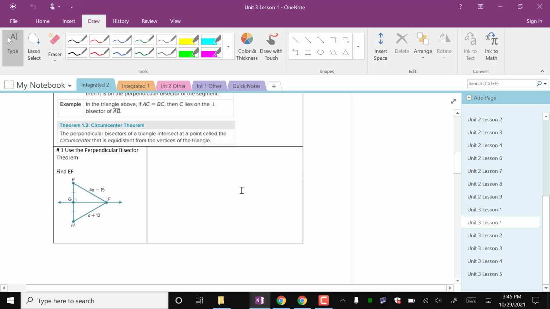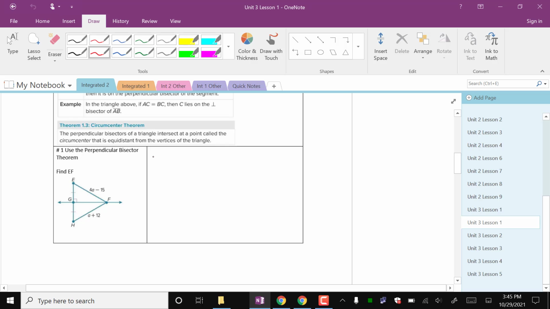Let's take a look at our first example. Use the perpendicular bisector theorem. So we want to find EF. So we have EF right here. We want to find that. So we know that FG is the perpendicular bisector of EH because we can see the little right angle sign right here.